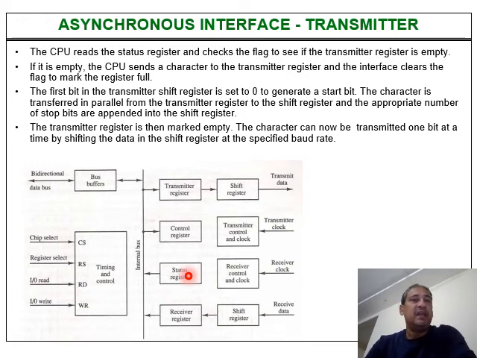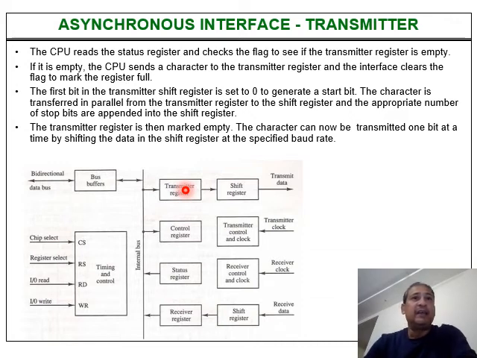If it is empty, listen to this carefully. If it is empty, the CPU transmits one character of information to the transmitter register. Now it is sending 8 bits of information in parallel to the transmitter register. And at the same time, the status register clears the flag that indicates that the transmitter register is empty; it is now full.